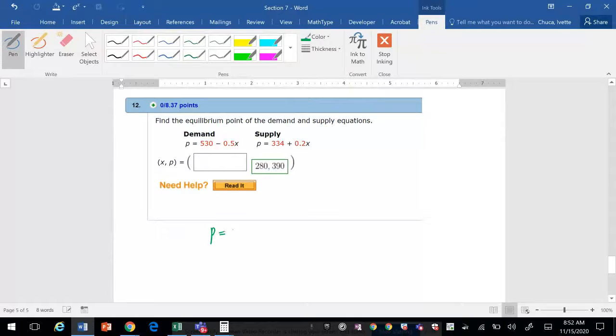We have P equals 530 minus 0.5x, and P is equal to 334 plus 0.2x. So notice here that we already know that P is equal to this and P is equal to this, so we can use substitution. So I'm going to take all of this and plug it in for my P over here.